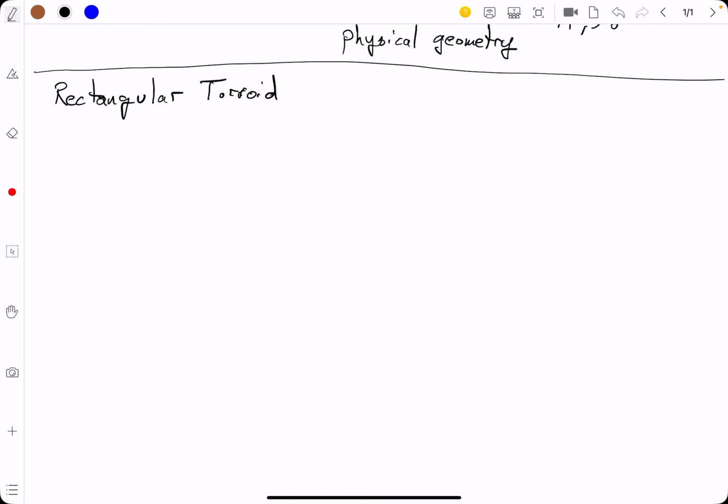Okay, a rectangular toroid. All right, so what does that consist of? I showed it above as a straight line, basically a long box, but I probably did everyone a disservice because it really should be something like this.